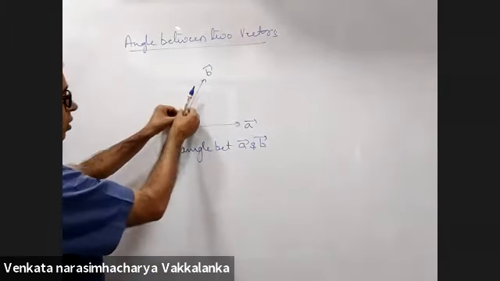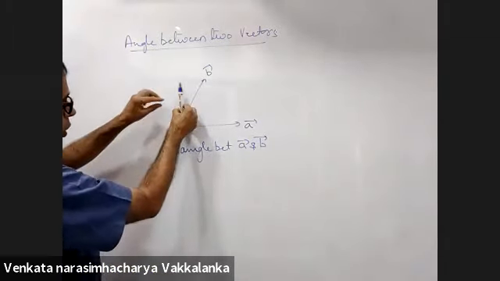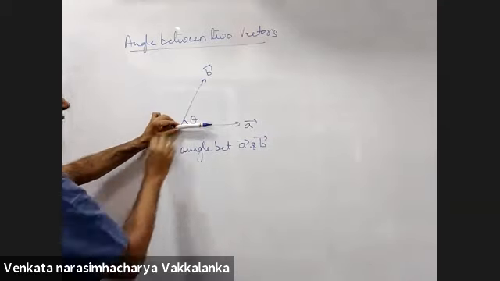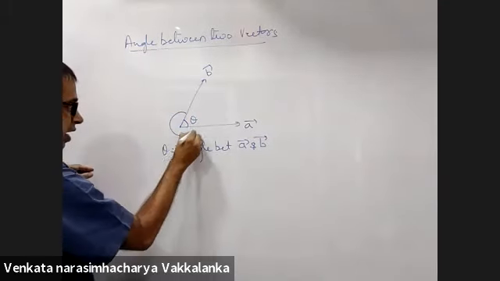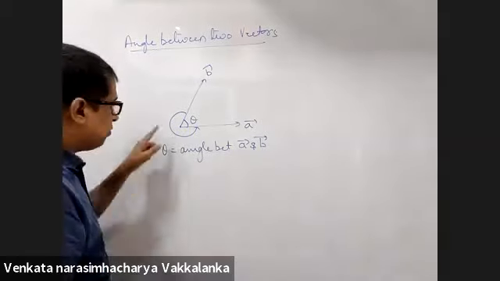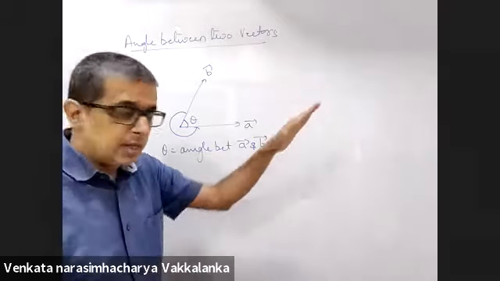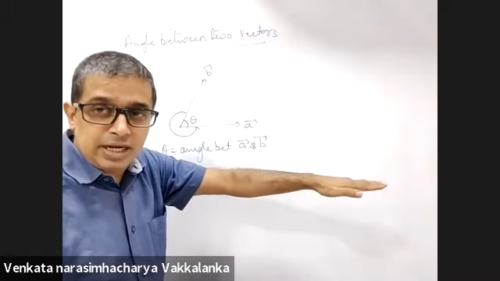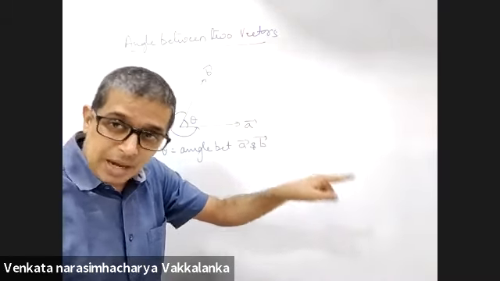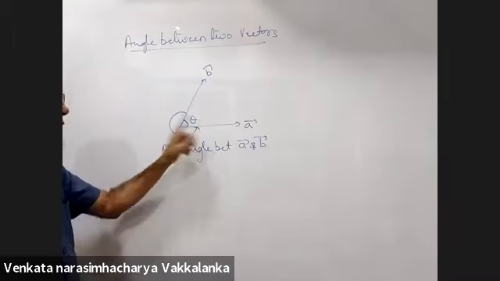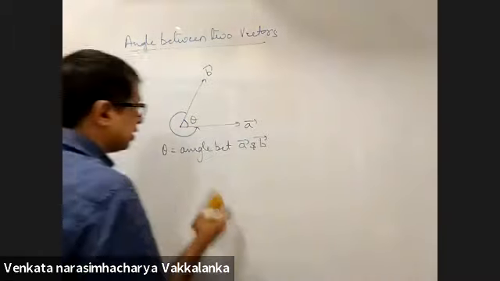See, I can rotate this way, or I can rotate it this way. This can also be an angle, but we will not take this. The smallest angle by which B has to be rotated so that it is parallel to A will be called as the angle between the two vectors.